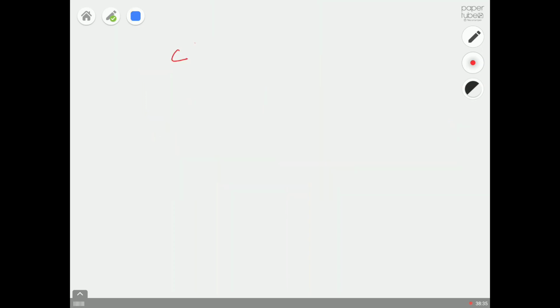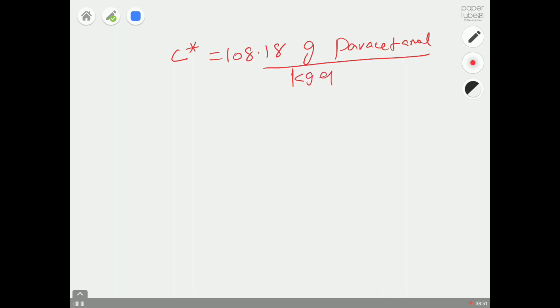Say C star, that's equal to 108.18 gram of paracetamol divided by kg of IPA. So we need to convert this C star in terms of grams per liter.